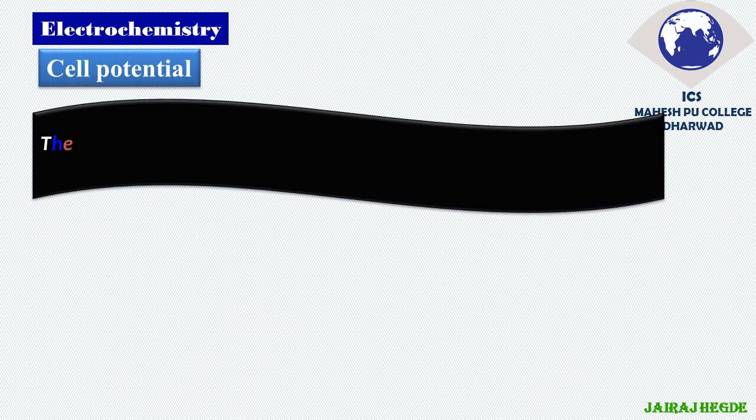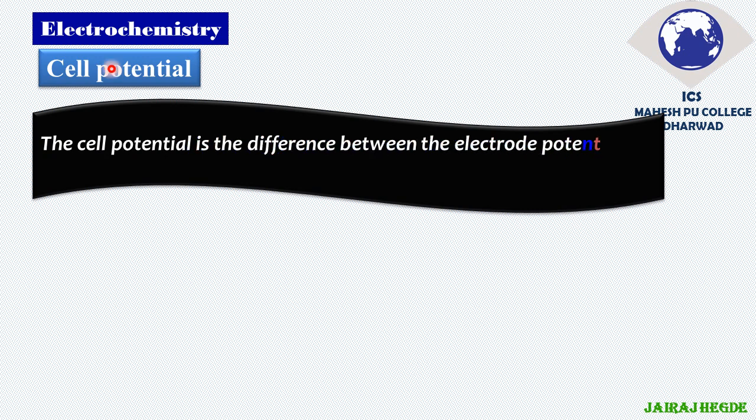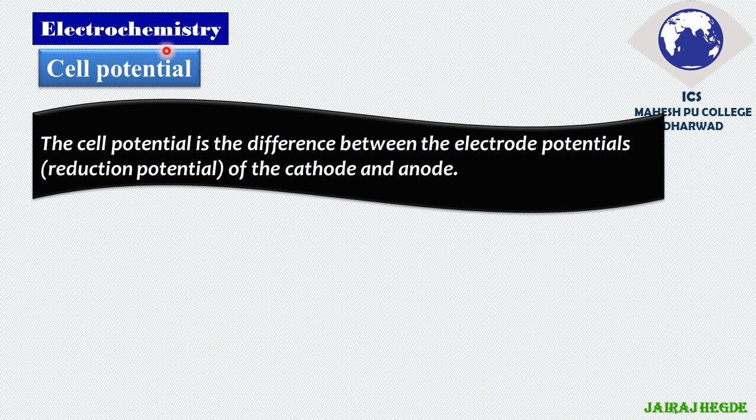So we have seen many times, we have used the term cell potential. What exactly is cell potential? In the simplest terms, cell potential means a potential given by a cell, or the voltage given by a cell. But let us go for the definition. Cell potential is the difference between the electrode potential, or the reduction potential, of cathode to anode.